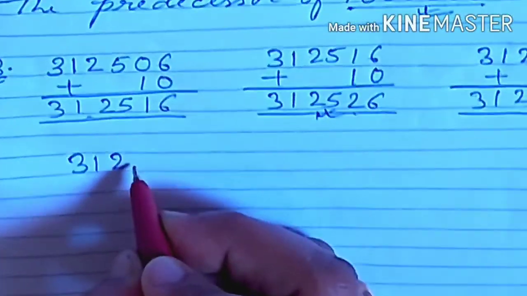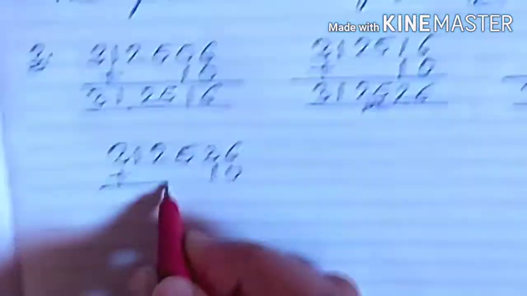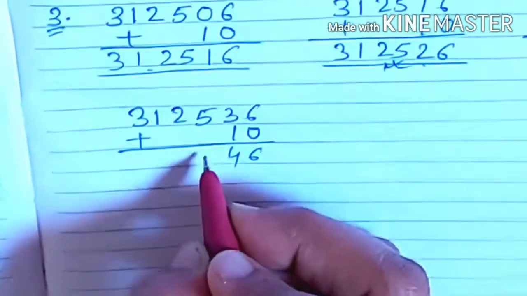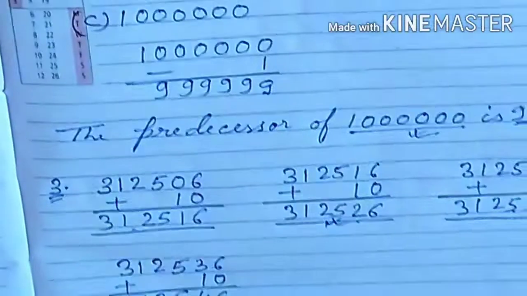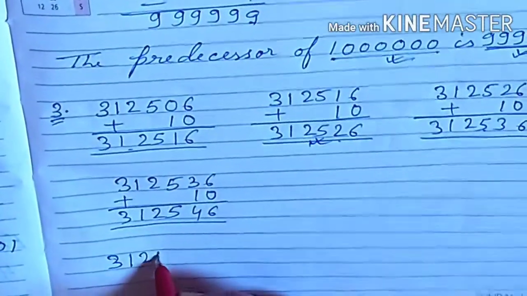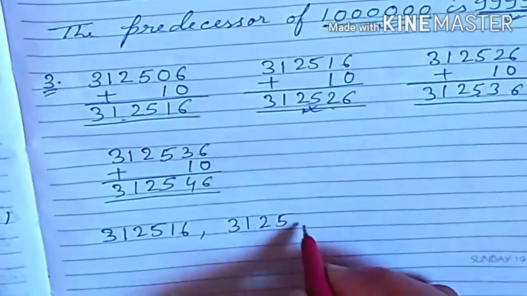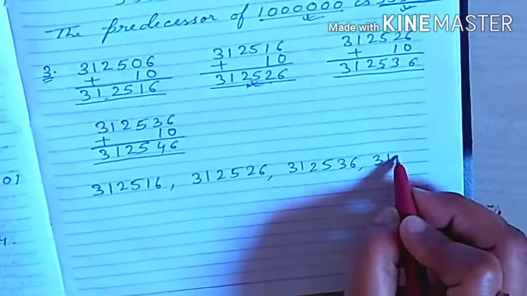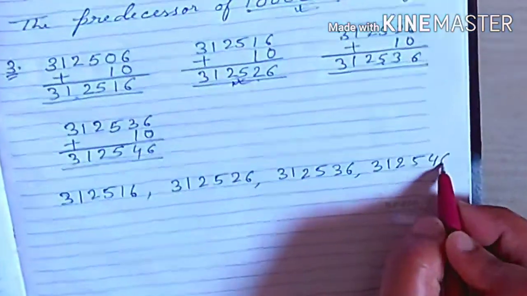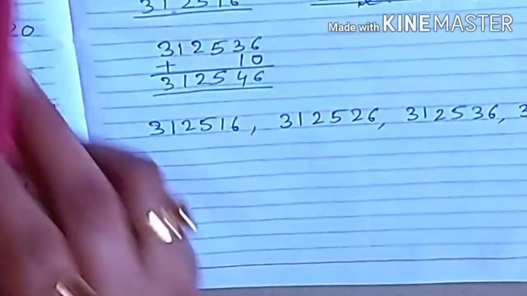So we have to add 10 to the result. So the answer is 312516, 312526, 312536, and 312546.